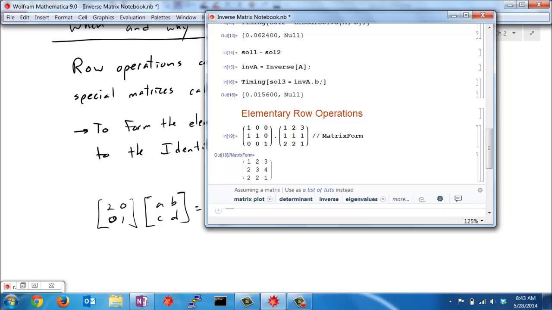What if I wanted to add 2 times row 1? It would just be this thing. So this is what I mean by every row operation you can think of as just multiplication by an elementary matrix. Any questions about that?